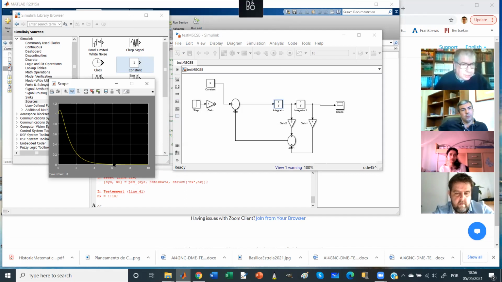And this has no oscillations. Why? Because Emaxi specified negative real poles. If she had specified poles with a negative real part, but with some imaginary part, then there would be some oscillation here around 0. Okay?